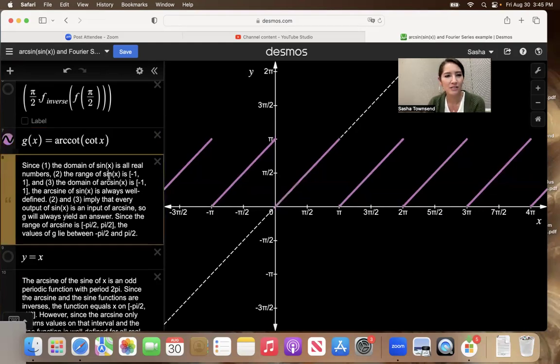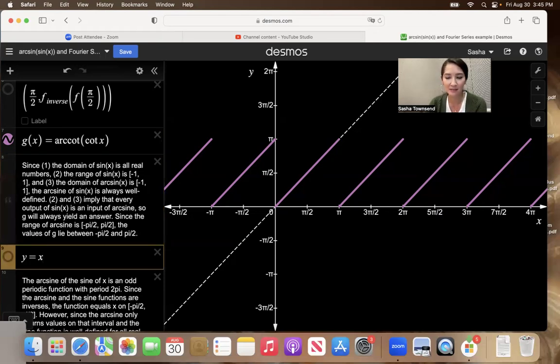And if you're interested in coming up with some way to represent this periodic function with a sum of trig functions, we can construct what are called Fourier series. It's like an infinite sum of sine functions, or an infinite sum of cosine functions, or a linear combination of sine and cosine functions and constant functions.